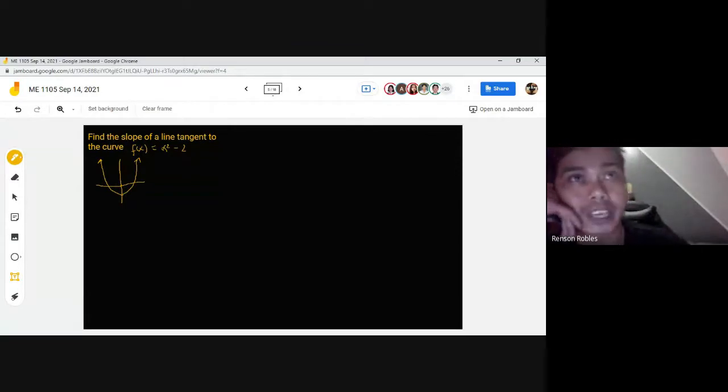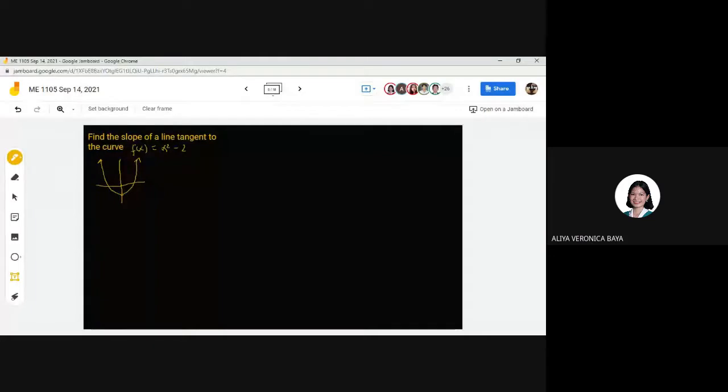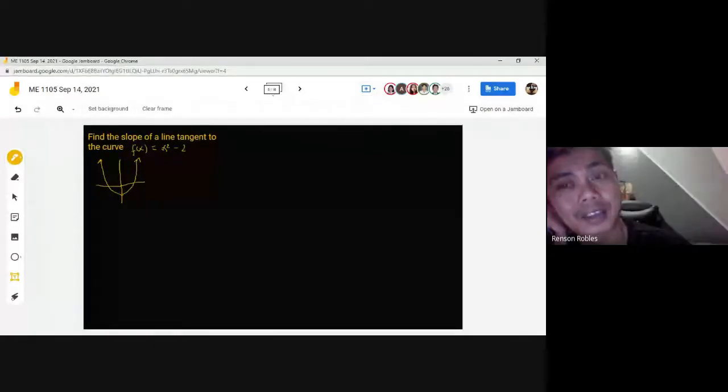Kung ilan ang domain mo, the cardinality of your domain determines the number of points of that locus. Ang tawag dyan is locus of points. So, ilan? How many? Is there 1, 2, 3, or sobrang dami? Infinitely many. Infinitely many po. Yeah. So that's infinitely many.